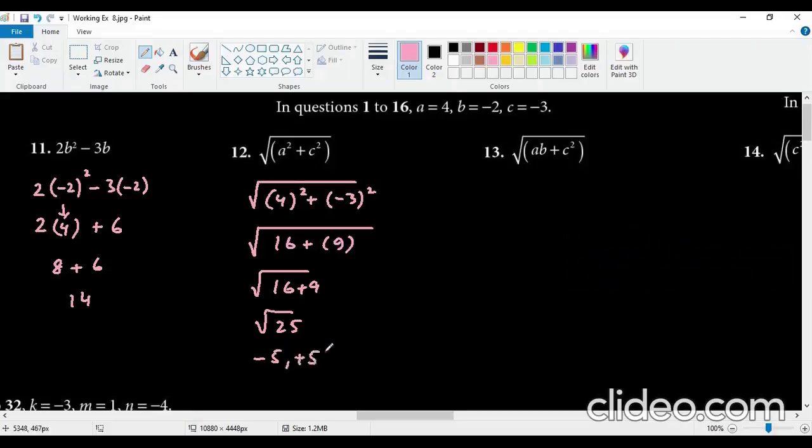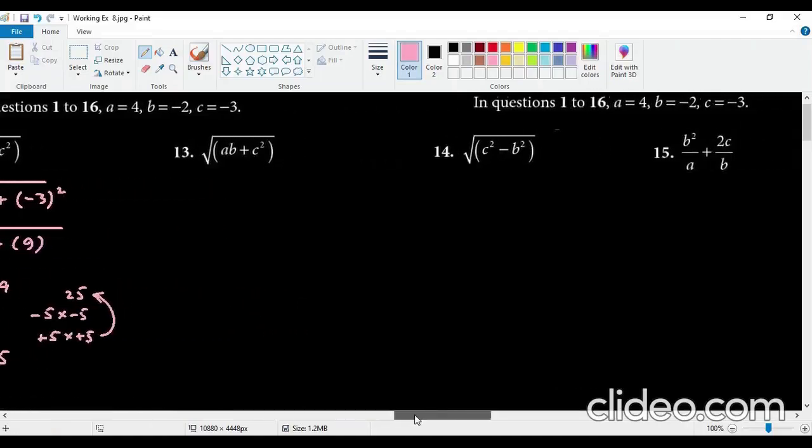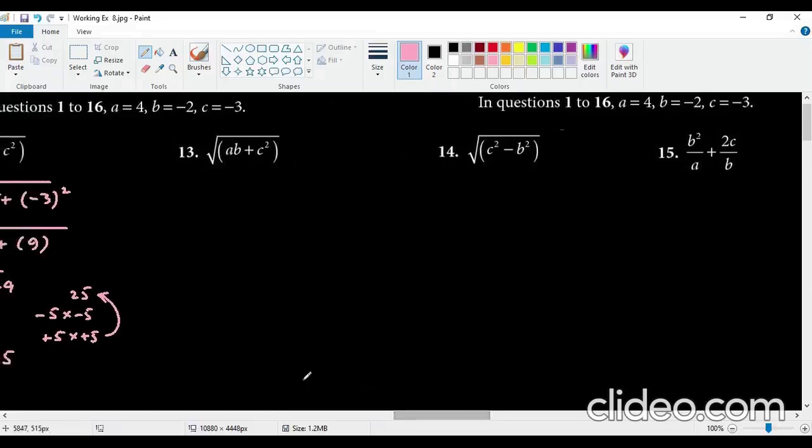So your final answer is going to be either minus 5 or plus 5, because 5 times 5 is 25. Why am I writing minus 5? Because minus 5 multiplied by minus 5 is going to give you a positive 25, and plus 5 times plus 5 is also going to give you plus 25. So whenever there is a square root, always remember that you get the values in negative and positive both.